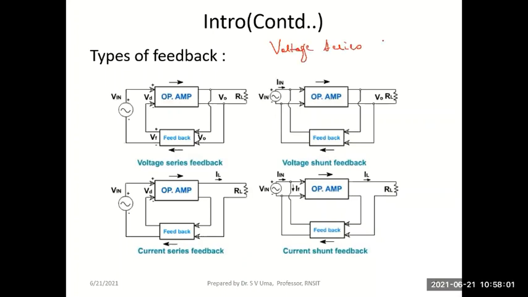Voltage series feedback amplifier. The first term in the name always stands for the output signal. So in a given amplifier, if voltage is the output signal, that will be the first term in the name of the feedback amplifier.